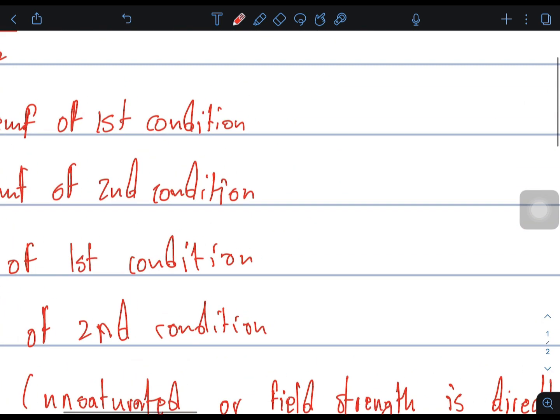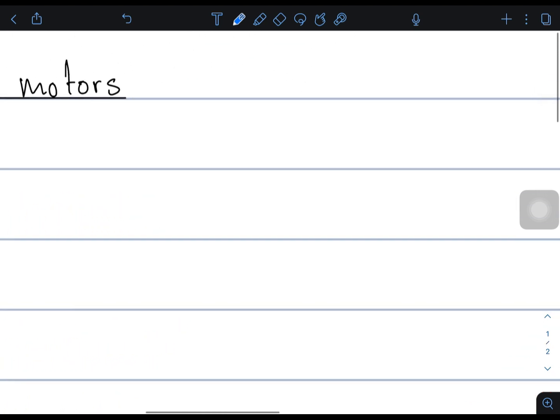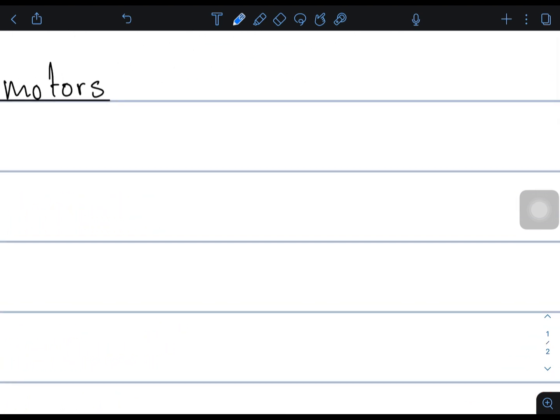Then another important formula is torque, whereby T1 over T2 is equal to flux 1 I armature 1 over flux 2 I armature 2.